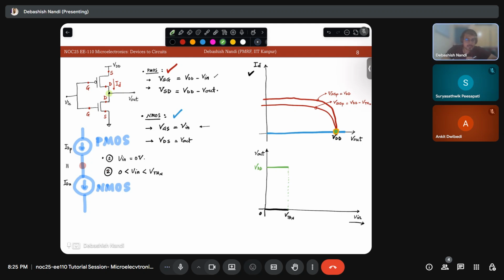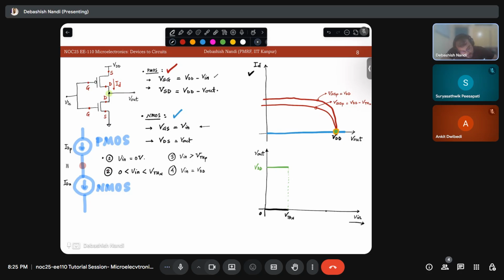Fine. Now let us take the other extreme case. For example, let's see case 3. My V in is greater than VTHP, and the fourth case is, let's say, V in is VDD.